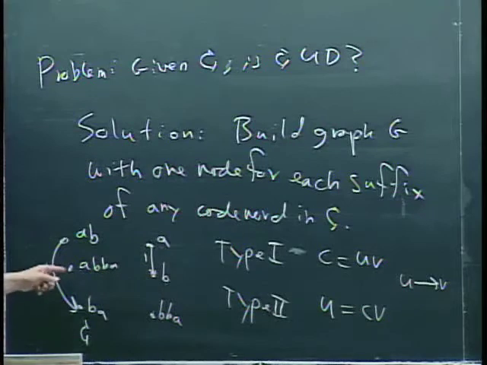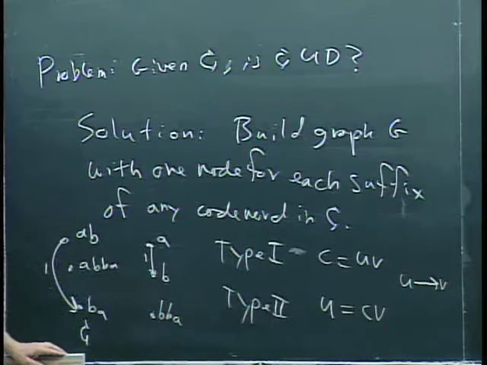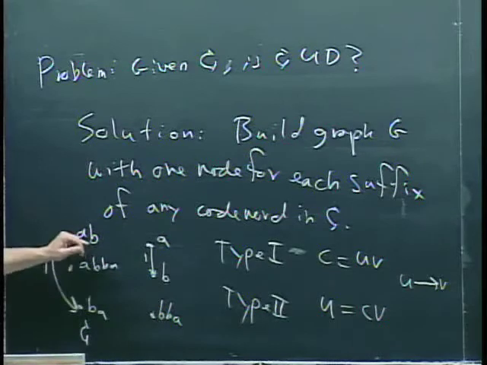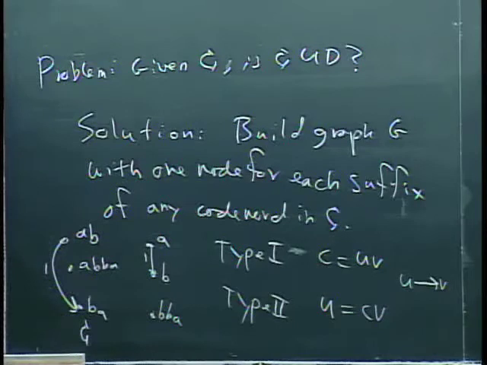U and V are suffixes, and of course they could be the trivial suffixes, and ABBA is equal to AB, which is a code word, followed by BA. Okay, so this edge is both a type 1 and a type 2. The edges can be both types.